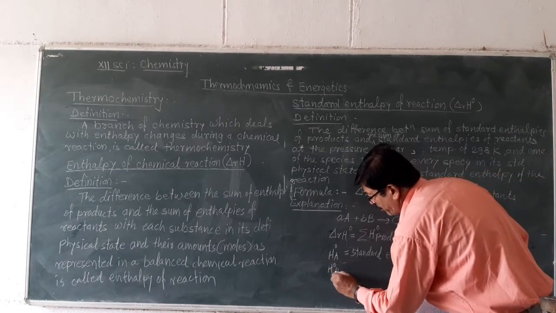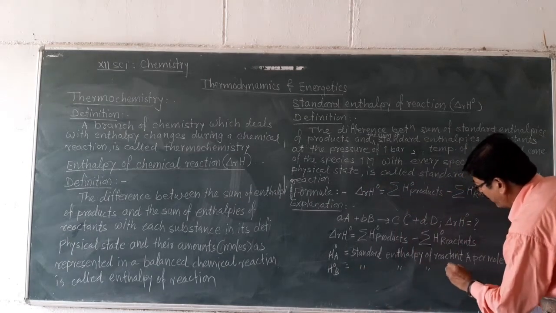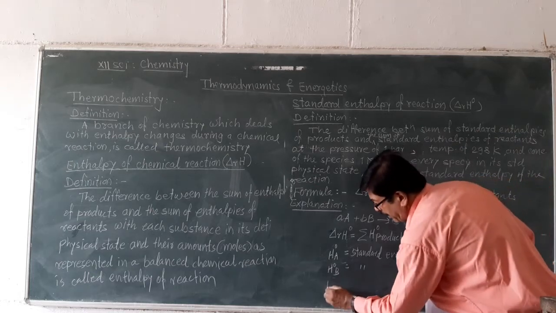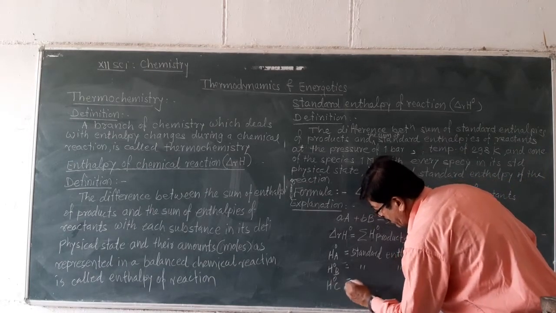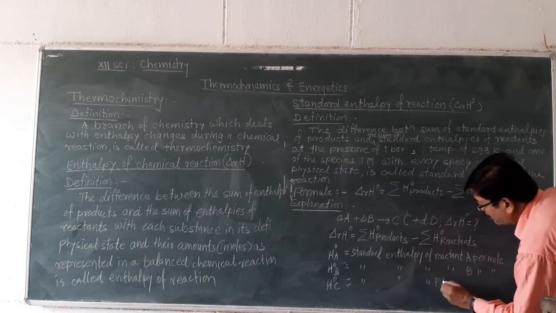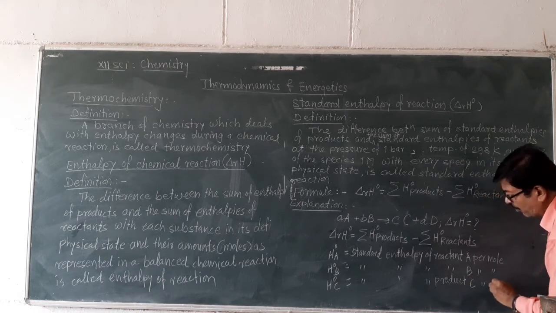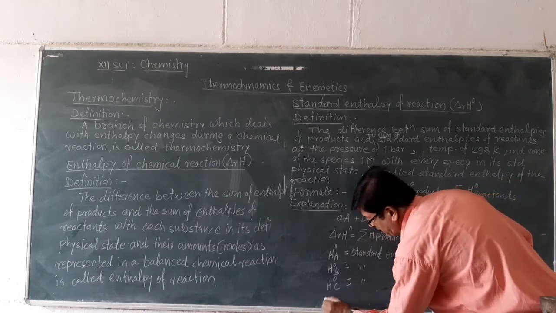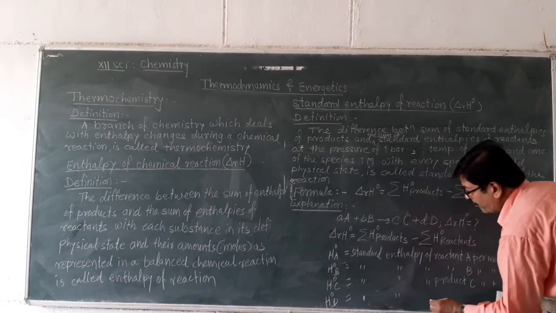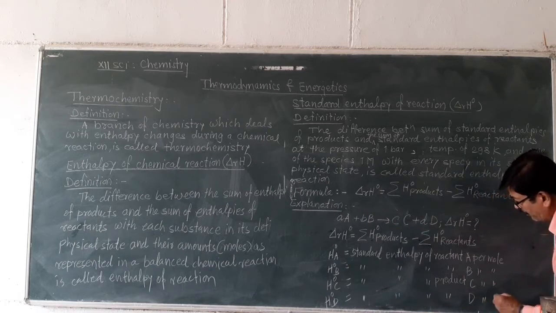H naught B is the standard enthalpy of reactant B per mole. Then H naught C is the standard enthalpy of product C per mole. And finally H naught D is the standard enthalpy of product D per mole.